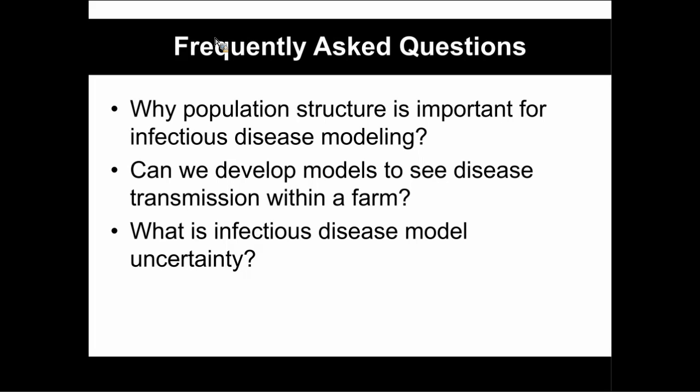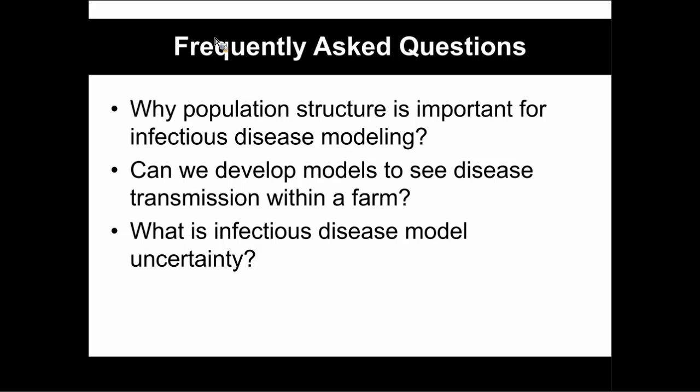If one farm is infected, the chances are the farm connected to it would be infected after some time. So this population structure and the connections between them are important to mimic infectious disease spread in models.